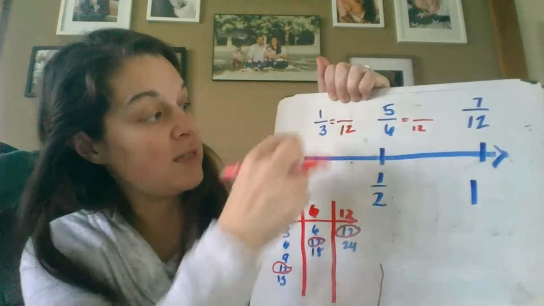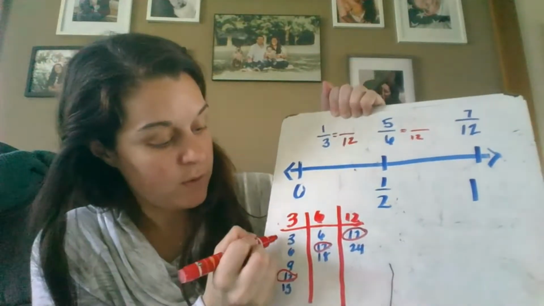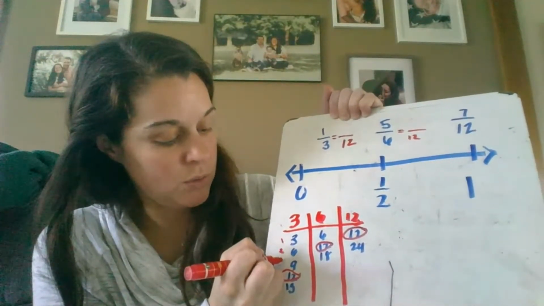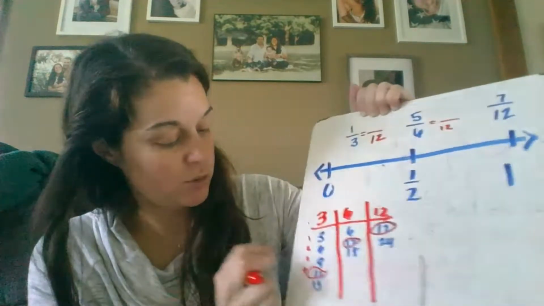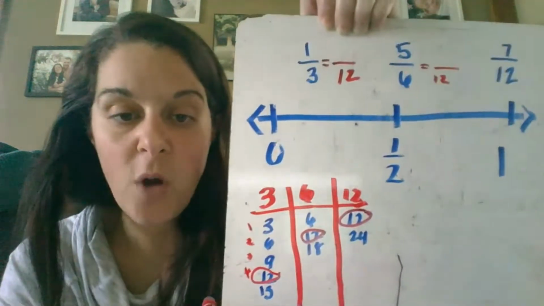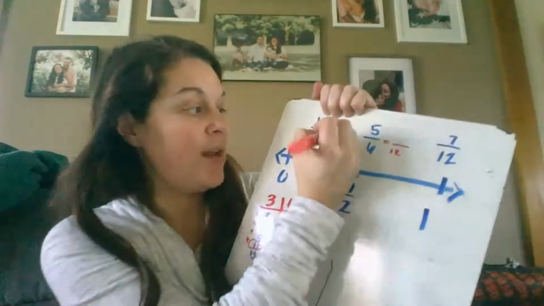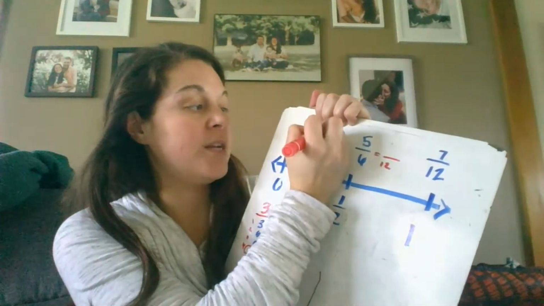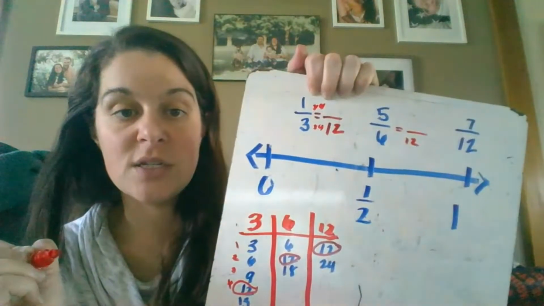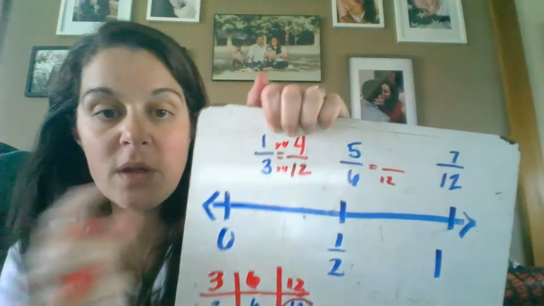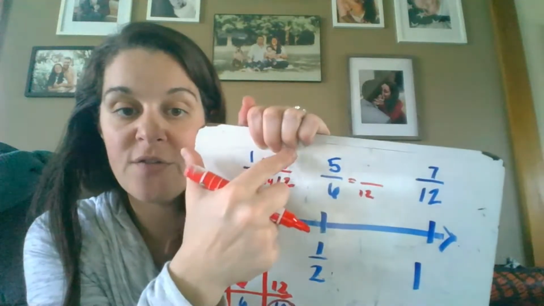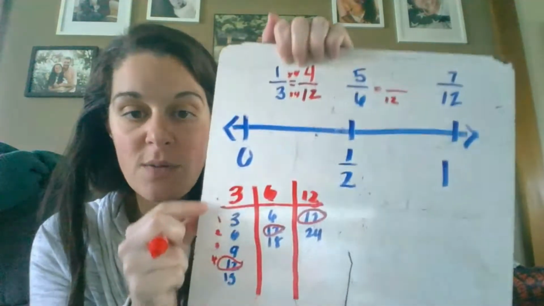Now, if I go to my 3s, how many jumps till I got to 12? 1, 2, 3, 4. So now I know that I need to multiply by 4. What I do to the numerator, I do to the denominator. 1 times 4 is 4. So 1/3 is equivalent to 4/12. Okay, see what I did there?